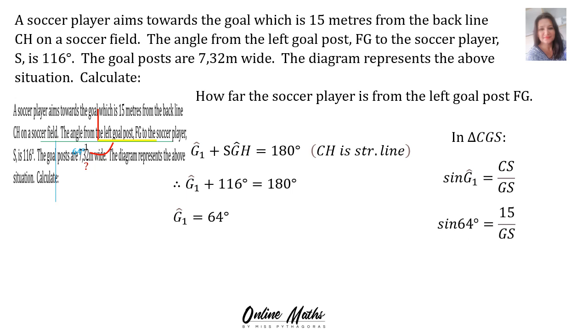And then into G1's place, you can substitute the 64 degrees equals CS is 15 over GS, the one you're looking for. You manipulate your equation, you make GS the subject of the formula, you slot that into your calculator, and the answer, GS, is 16,69 meters.